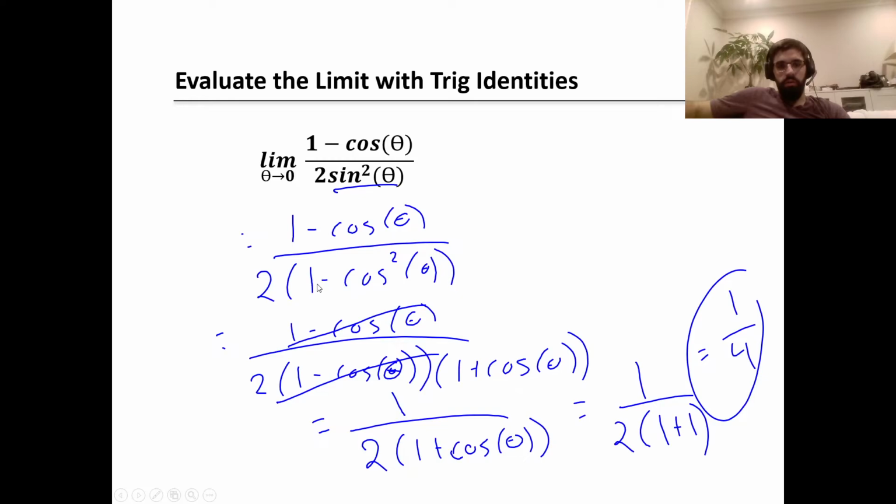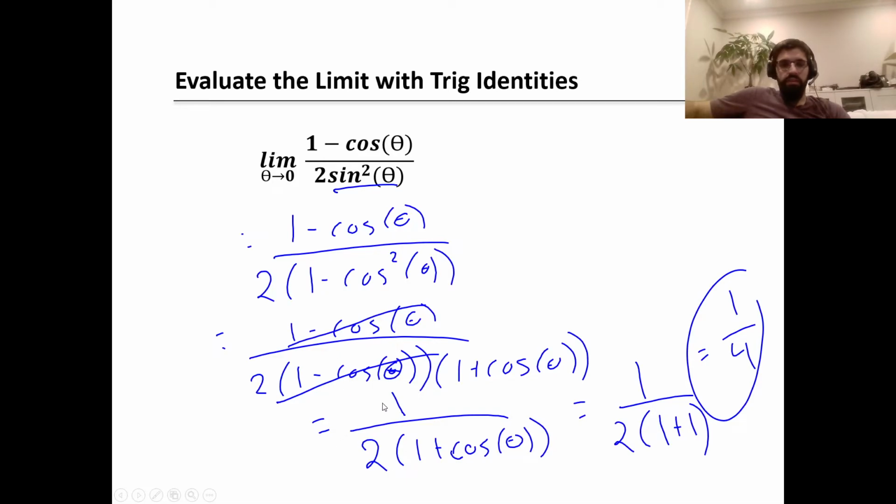1 minus cosine squared of theta is a difference of squares. It's equal to 1 minus cosine of theta times 1 plus cosine of theta. When I factor out those difference of squares, I notice that 1 minus cosine of theta is in the numerator and the denominator, and I can cancel those out.